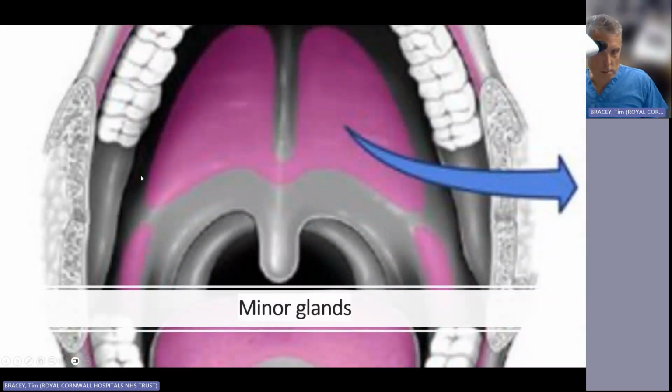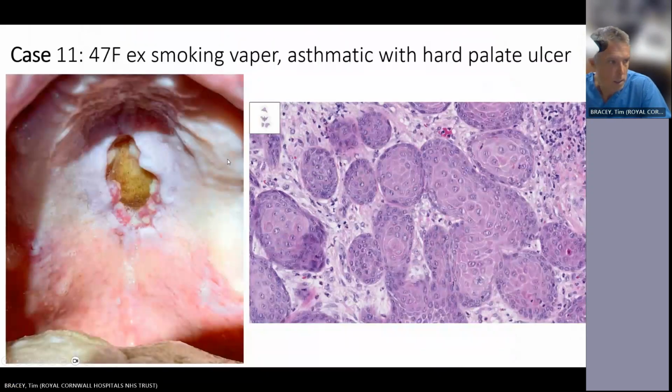So, minor salivary glands. This is not exhaustive. It just happened to be a few cases that I'd seen recently. This was a lady in her 40s that had this rather worrying-looking ulcer, down to the bone on her hard palate, and the biopsy looked like this.